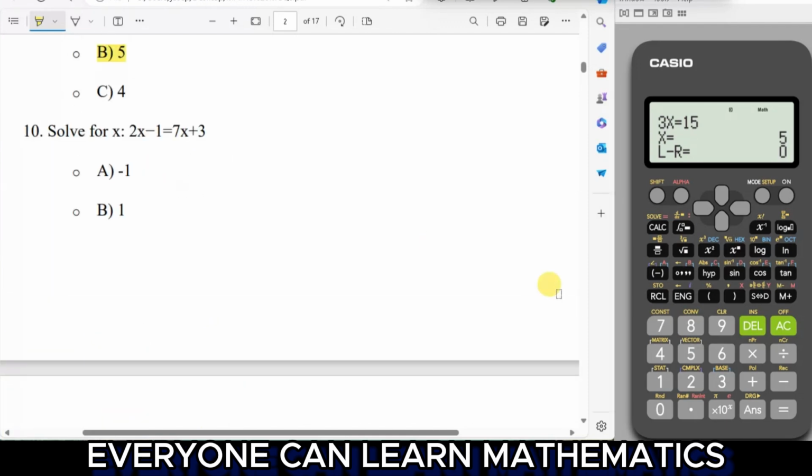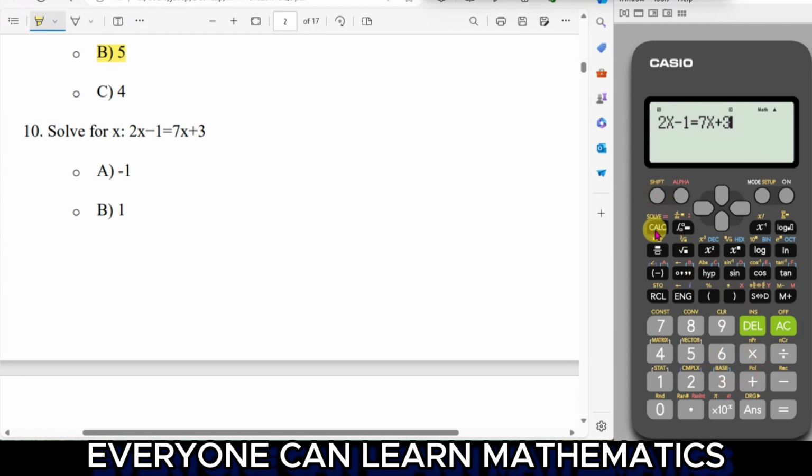As well, you can put in the calculator. So we have 2x minus 1 equal to 7x plus 3.